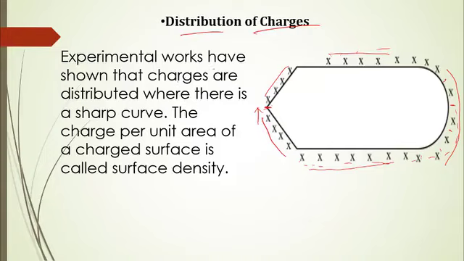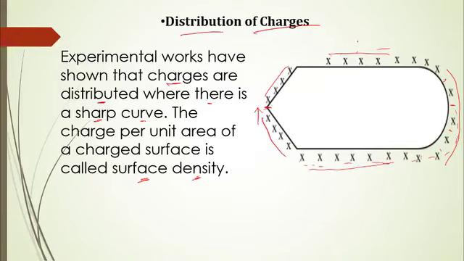Experimental work has shown, as you can see from the slide here, that charges are concentrated where there is a sharp curve. At that sharp curve is what we call the surface density. That is the place where the charge is concentrated.